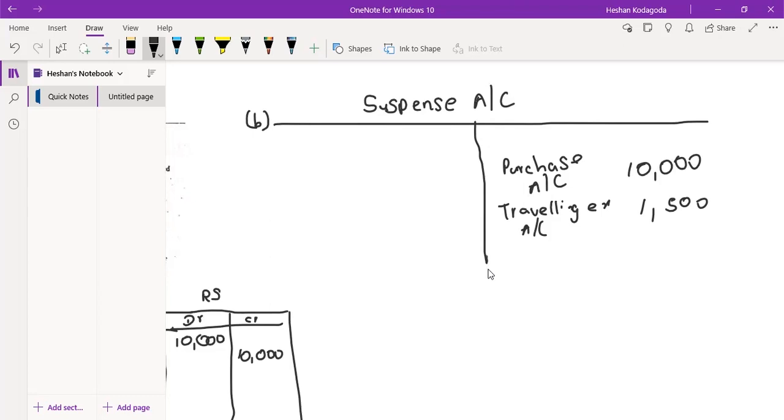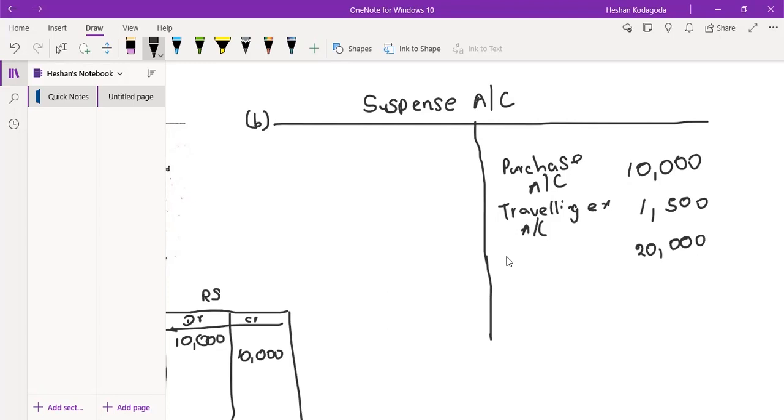Now, to rectify this one, we need to remove it. Rectify means remove. We need to close our suspense account balance, to zero our suspense account balance. To remove that, we need to credit, because there is a difference in the debit side of 20,000. To remove this, we credit the suspense account.